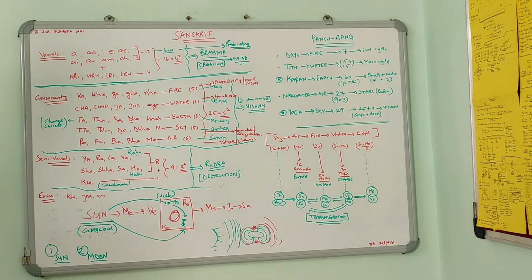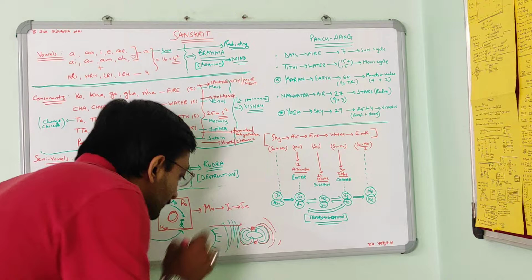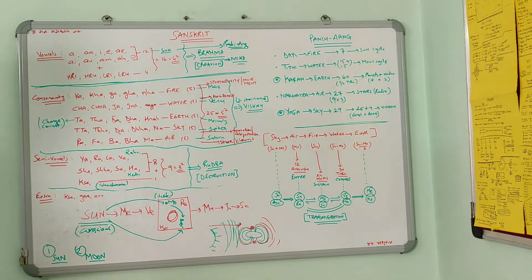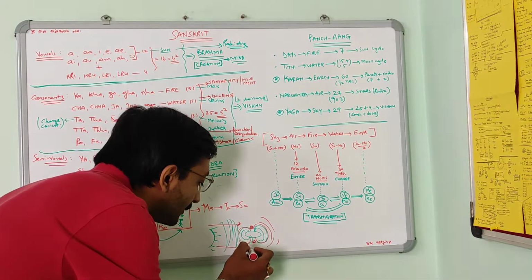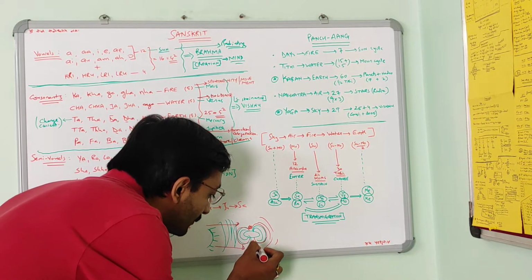So see, you are getting energy from the sun like this, in this direction. Now in order to sustain, the moon is helping you to circulate that energy inside the body. The moon is taking the sun's energy and helping you to circulate.